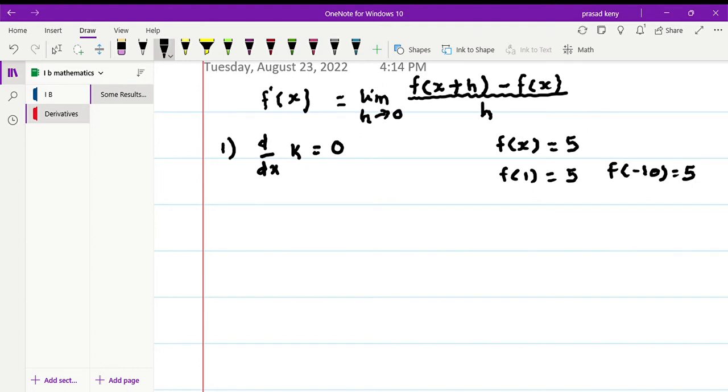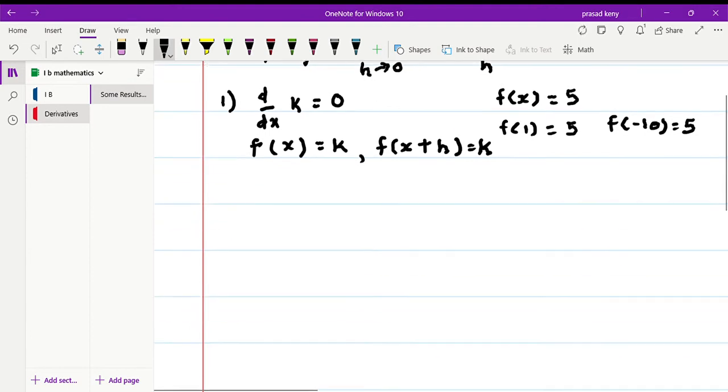So in this case, the function is f(x) is equal to k, a constant function. So f of x plus h will also be equal to k, because any value x may take, f(x) will remain the same.